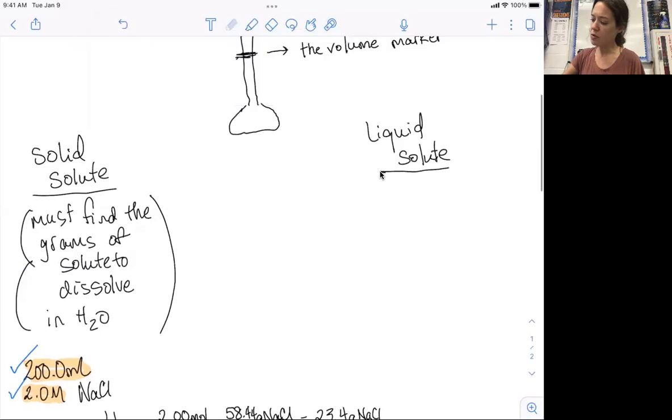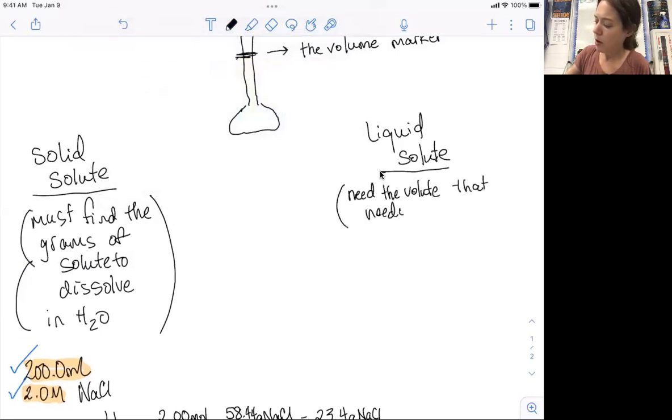If my solute is liquid, then I must be diluting. So I need the volume of solute that needs to be diluted.